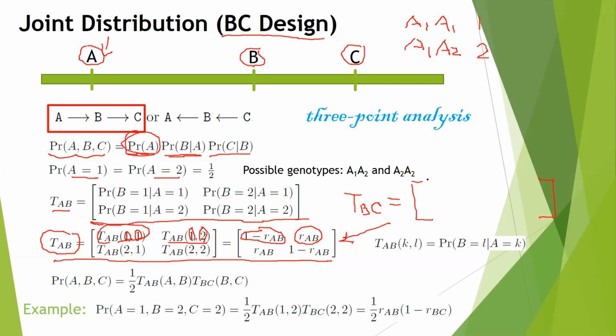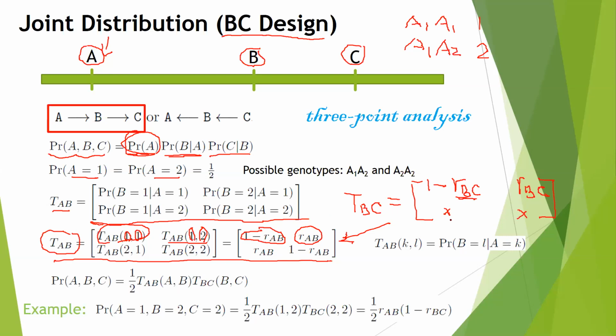You only need to replace RAB by RBC. Is that clear? So it's the same, but you have to use the recombination frequency between B and C to replace RAB.